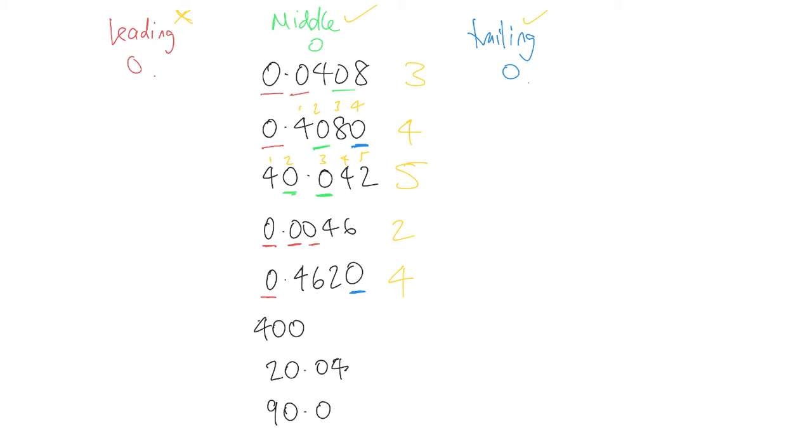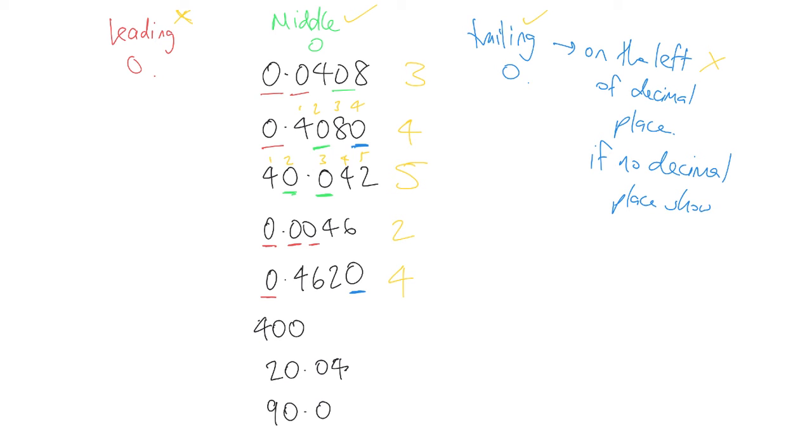Trailing zeros on the left of the decimal place are not significant. That's if there's no decimal place. Okay, we'll get to that in a moment.